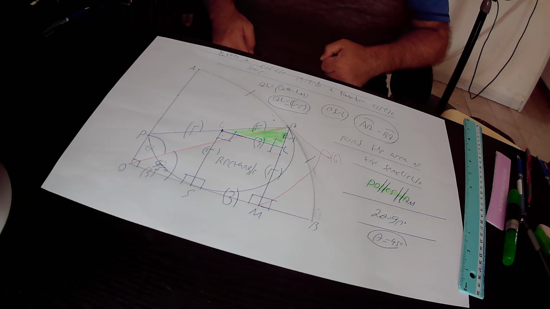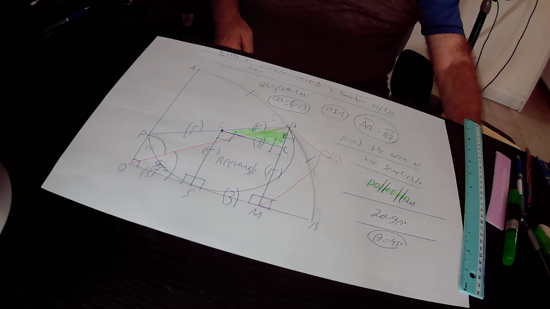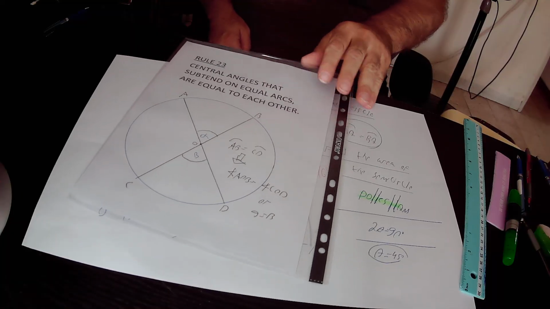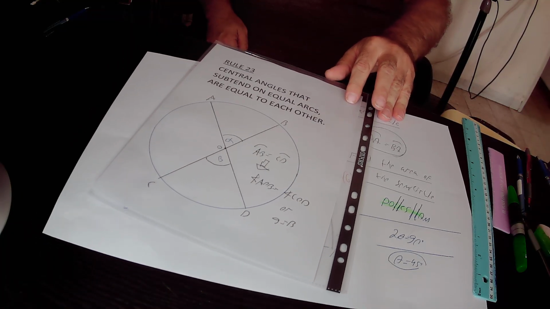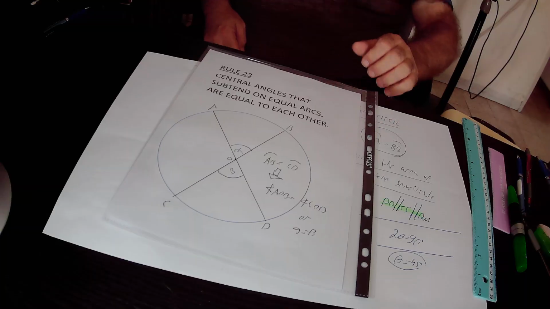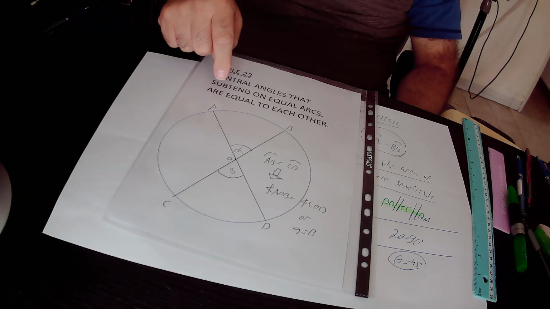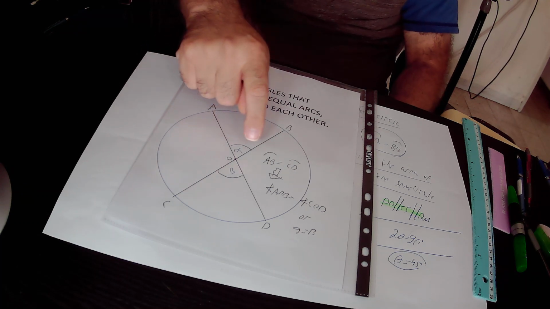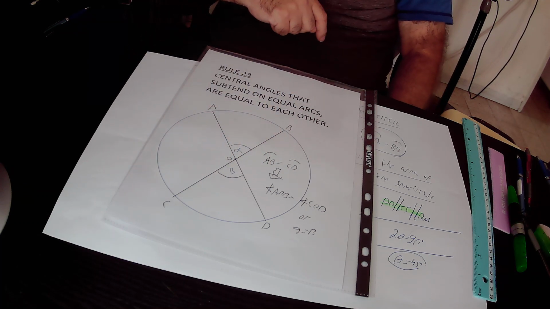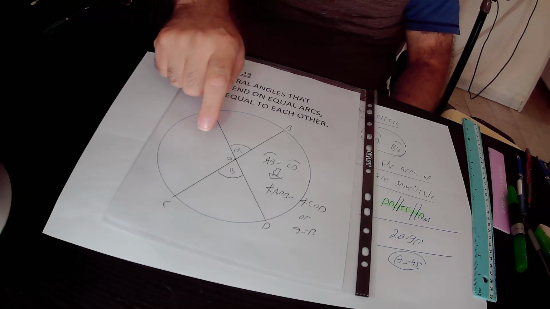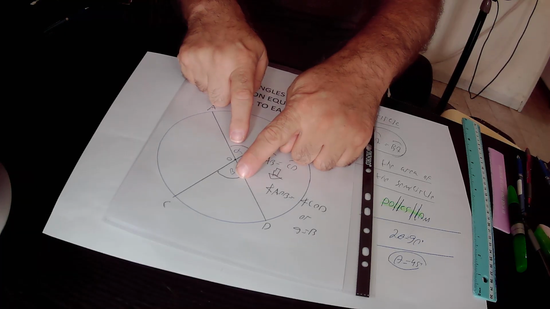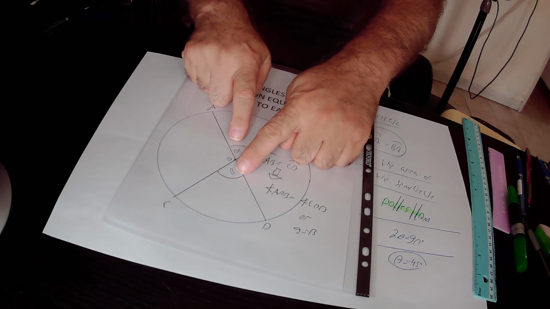According to rule 23, central angles that subtend equal arcs are equal to each other in size. In a circle, this is central angle AOB that subtends arc AB. Likewise, this is central angle COD that subtends arc CD. If arc AB equals arc CD in length, that is to say, those two central angles subtend equal arcs, then they must be equal to each other in size.